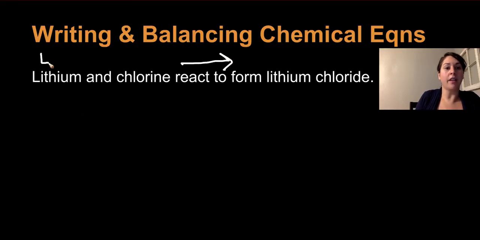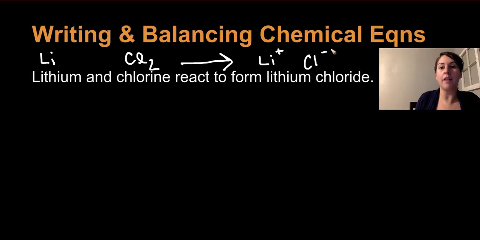Lithium is not a diatomic molecule, so on the periodic table it's just Li. Chlorine is a diatomic molecule, so it's going to be Cl2, and then lithium chloride. And if you remember, lithium is a +1, okay, Li is a +1, and Cl is a -1, so it's going to be LiCl.